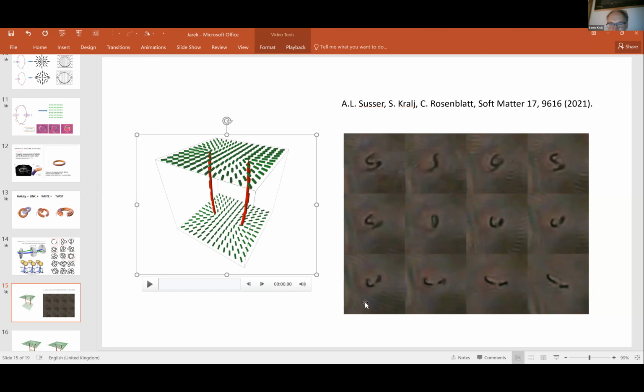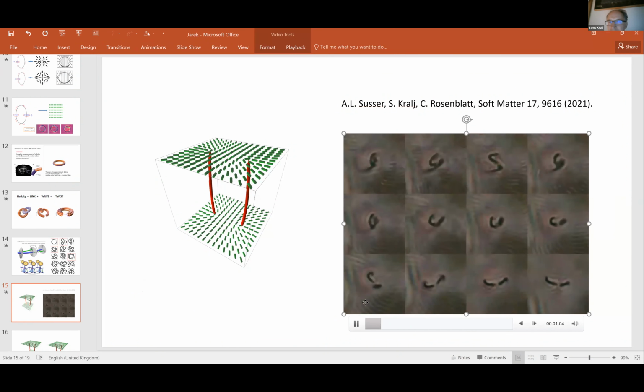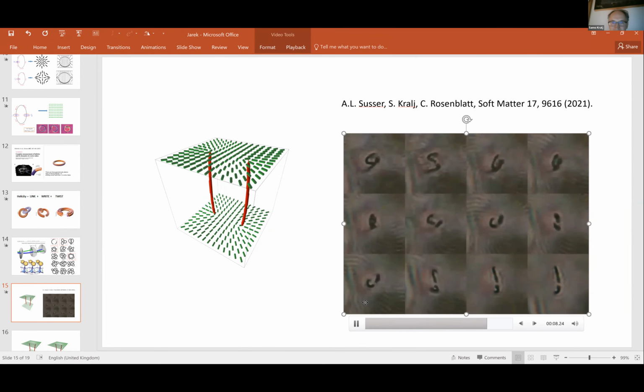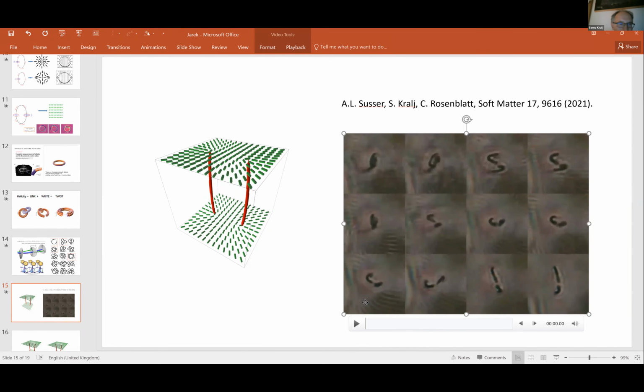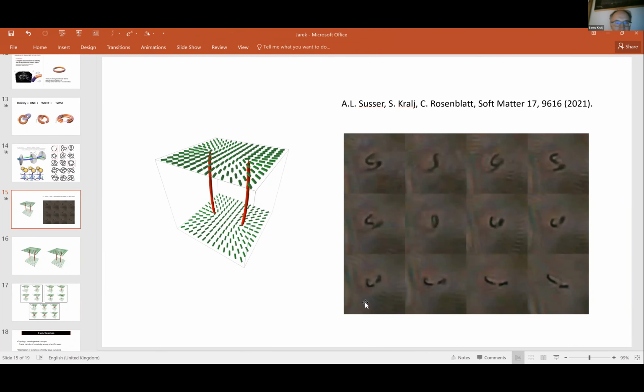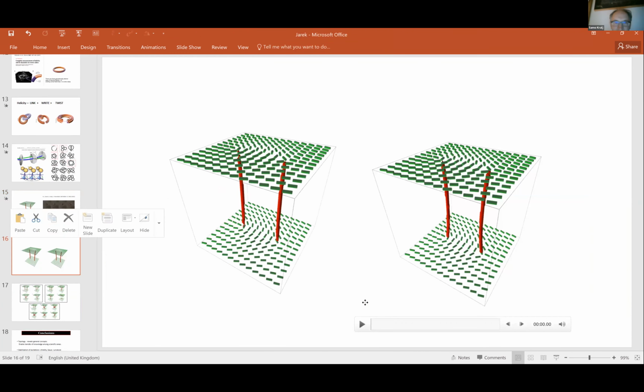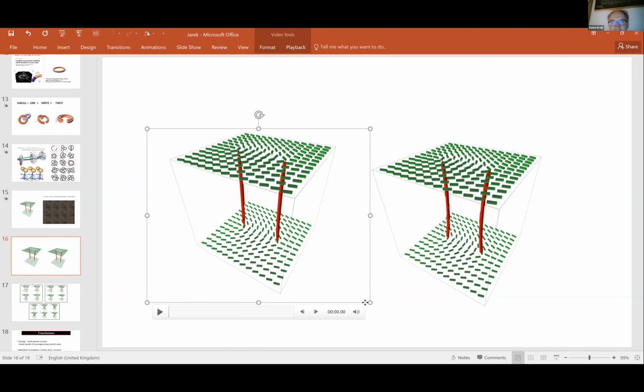And so you see this can also be observed in experiments. This is an experiment done by my colleague. So we can also stabilize these line defects and rotate them so that we can monitor this experimentally. And so then we can study different kinds of recombination of these line defects.